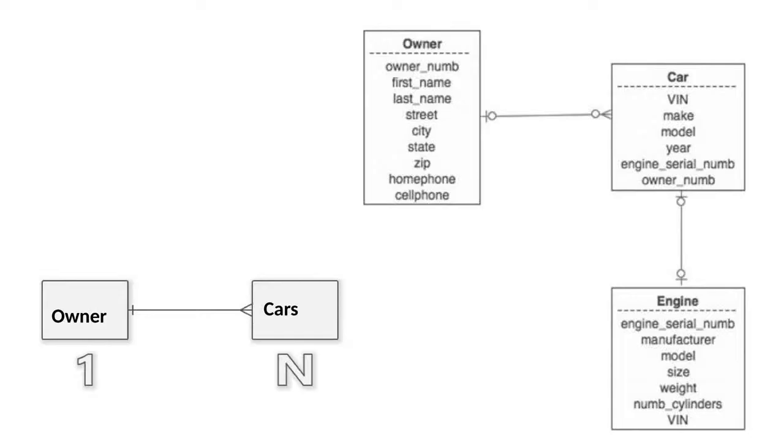And each car has one engine. So this line is just one-to-one. One car, one engine. One owner, many cars. Shows that this man has more than one car. Maybe you have 2 cars, 3 cars. And this crow foot sign here shows where the many is. So this is one-to-many.